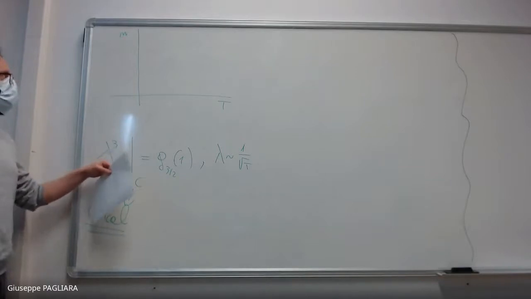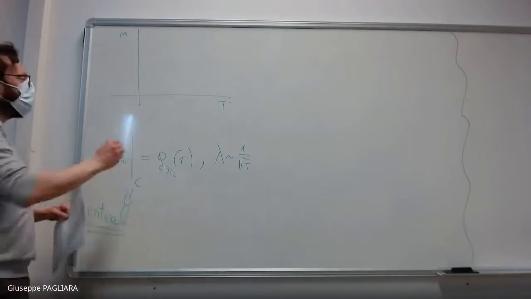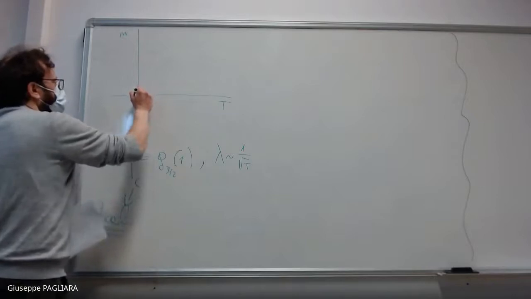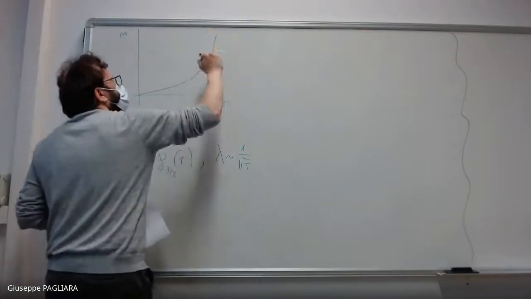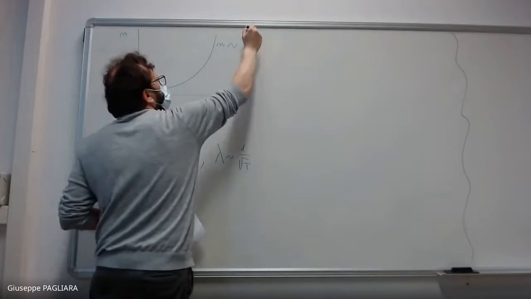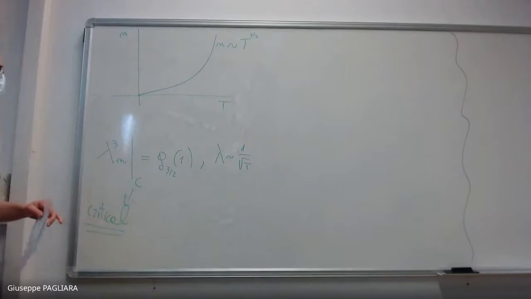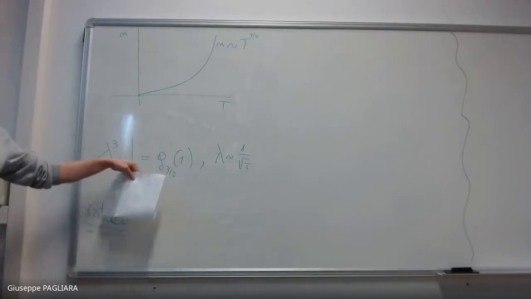And therefore, if I plot the density as a function of temperature, this is a number, I get a function like this, where n is proportional to T to the power of 3/2. So this is the plot of basically this function here.